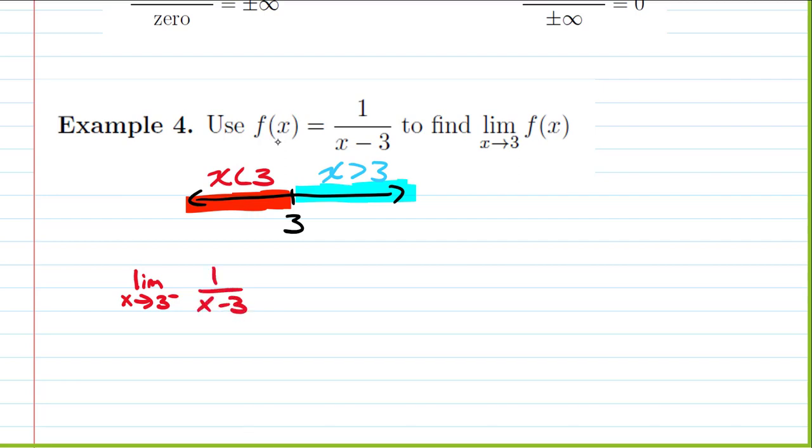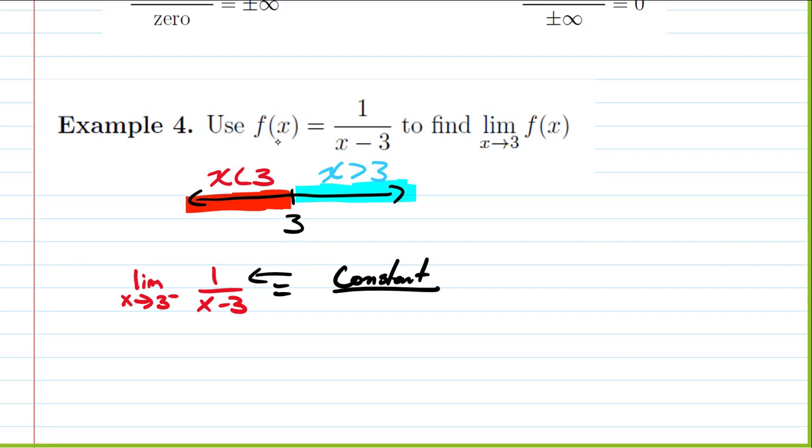So when I do my limit here, the top, the numerator is a constant. And our denominator is going to be, okay, so I'm approaching from the left, so I'm using numbers that are smaller than 3.